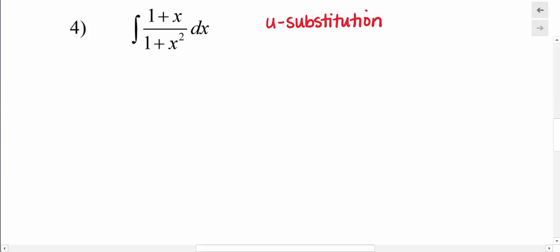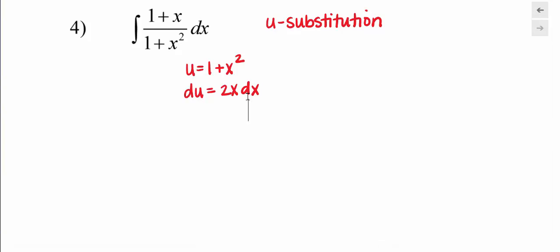So if I do that, I'm going to let my denominator be my u, and my du then will be 2x dx. Again, this is assuming that you've completed part 1 and 2 videos for u-substitution. This is sort of wrapping it up, or hopefully is tying it all together for you.